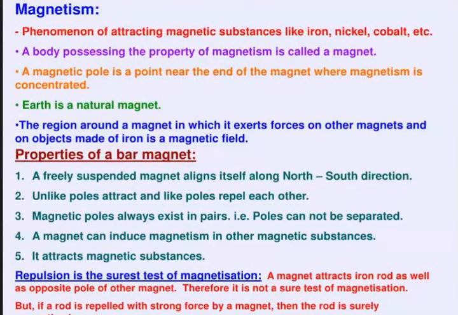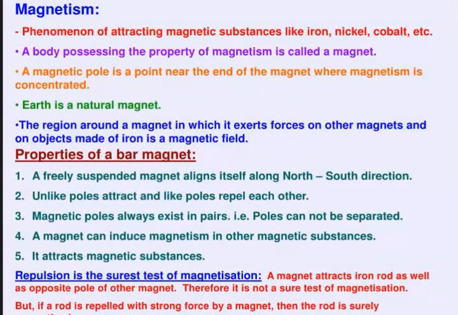Say you take a bar magnet and an iron rod, and when you bring these two closer, they will attract each other, although the iron rod is not itself a magnet. So how can you say that the iron rod is magnetized or behaves like a magnet? But repulsion could happen only when the substance is actually magnetized. So repulsion is the surest test of magnetization.